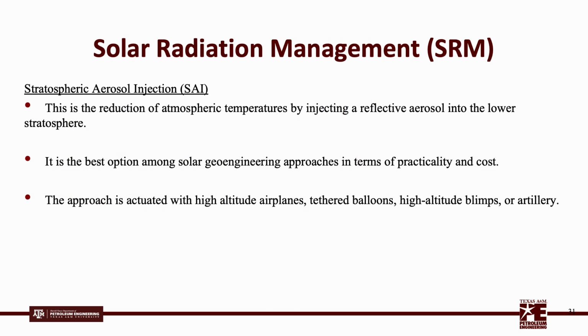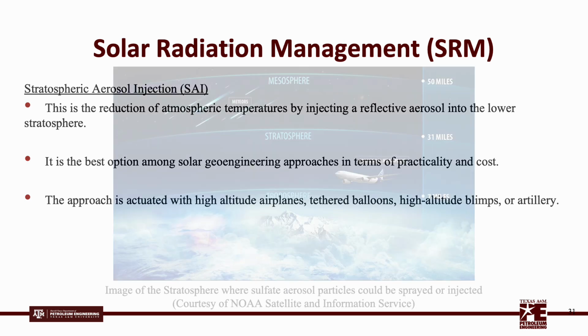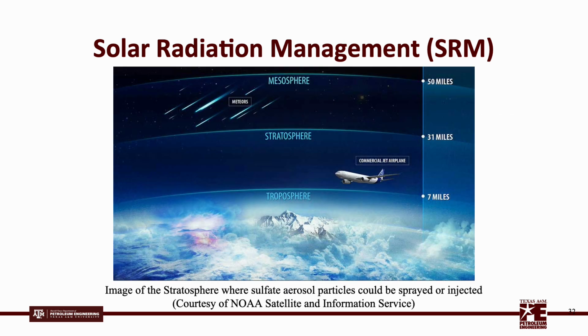Stratospheric aerosol injection is the reduction of atmospheric temperatures by injecting a reflective aerosol into the lower stratosphere. Unfortunately, there are dangers associated with stratospheric aerosol injection. This approach may reduce rainfall in some areas of the world.